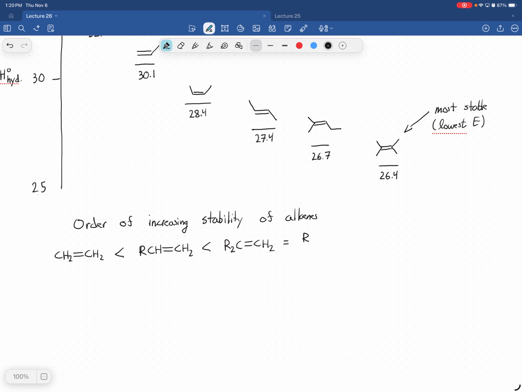So R, cis alkene, R. And the cis alkene is less stable than a trans alkene, which would look like this. Okay. That is less stable than a tri-substituted alkene.